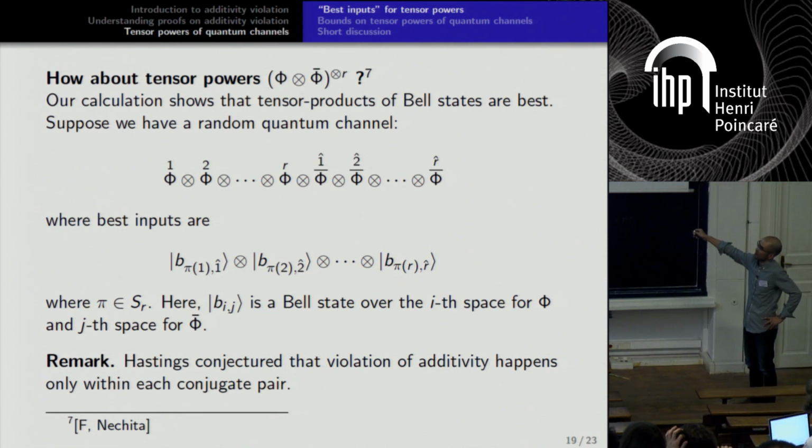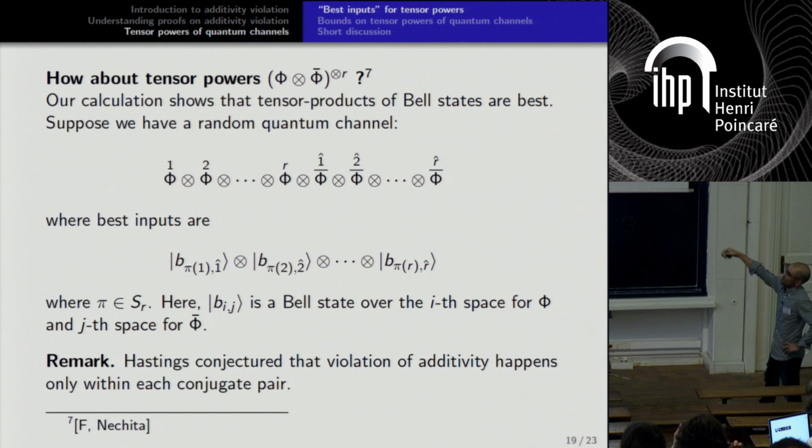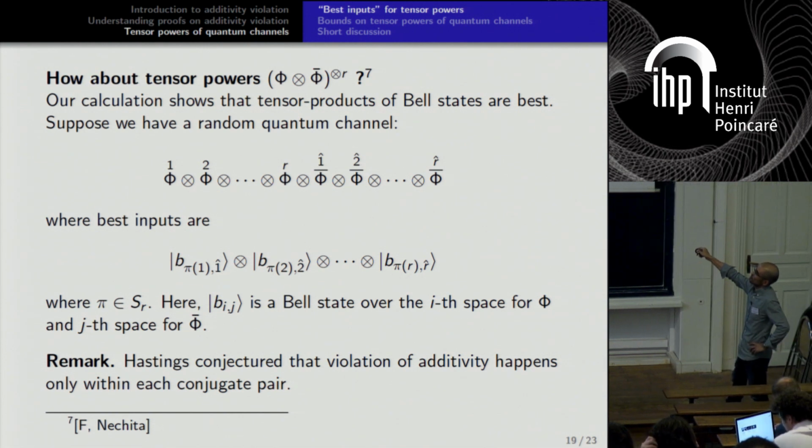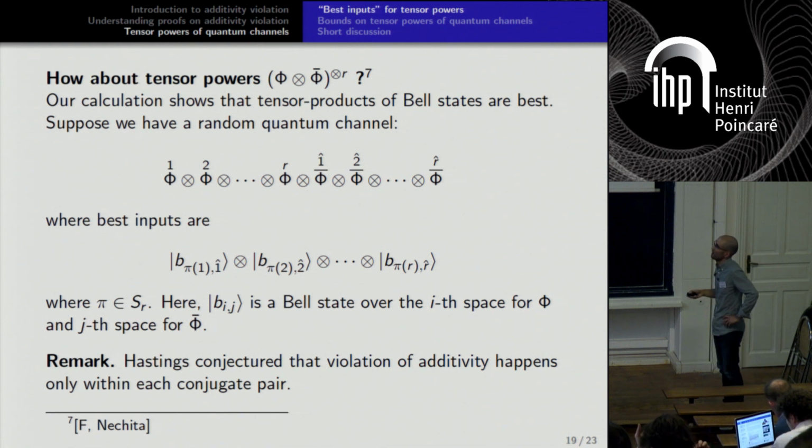And our calculation showed that the best input is the tensor product of Bell states. The Bell state can be any Bell state between these two groups, maybe between here and here, and here and here, whatever. But anyway, as long as we make a tensor product of Bell states, where each Bell state lives in phi and phi bar, then this gives the best input.